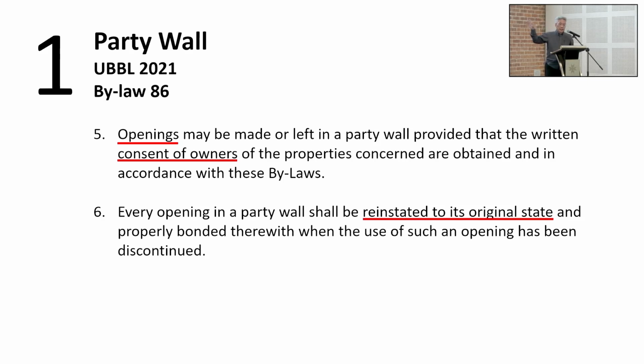So here you see, it doesn't say that you're allowed to have a water pipe crossing from your building to the adjoining building. It doesn't say that you're allowed to have a ventilation duct going from your building to the adjacent building, because it says nothing about fire stops over here.